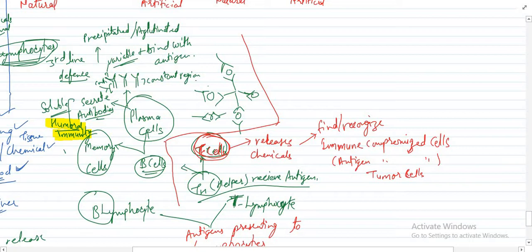TC cells are called cytotoxic T cells. So these TC cells, or cytotoxic T cells, find these chemicals and find these cells and go there. Right now they release chemicals, and these chemicals cover up these cells.